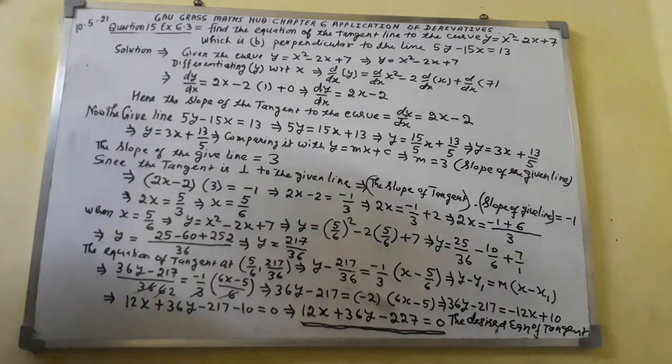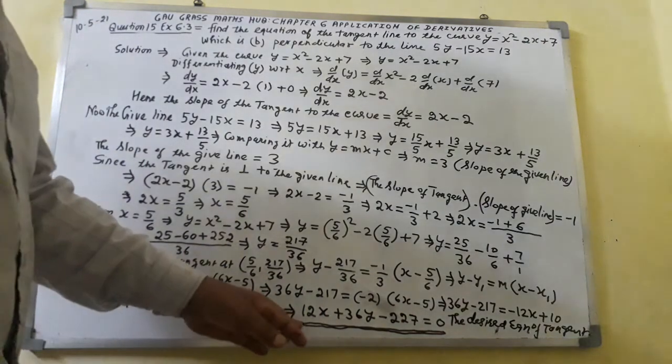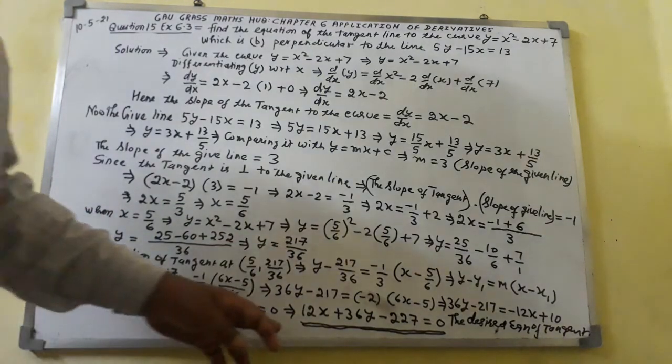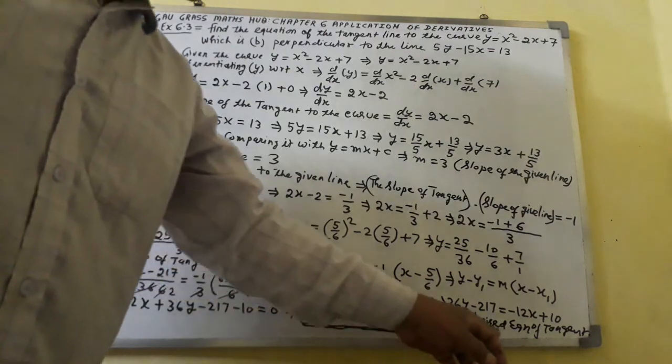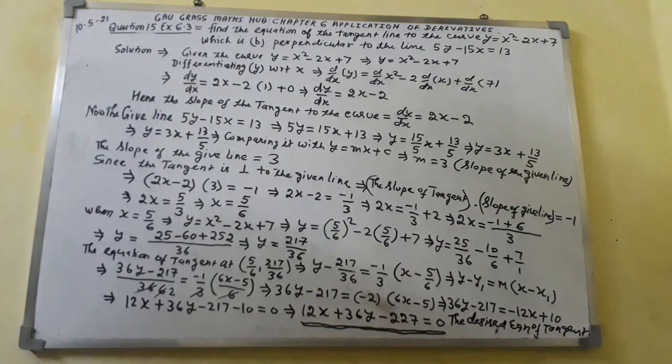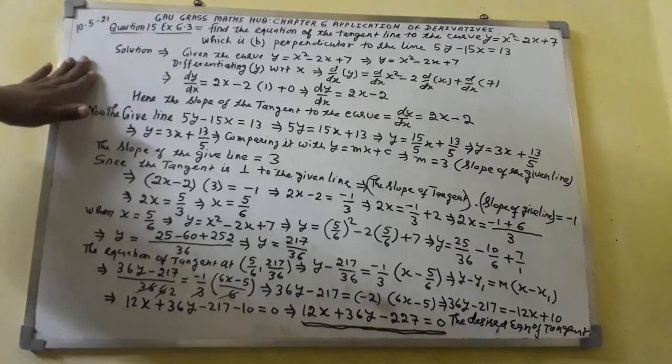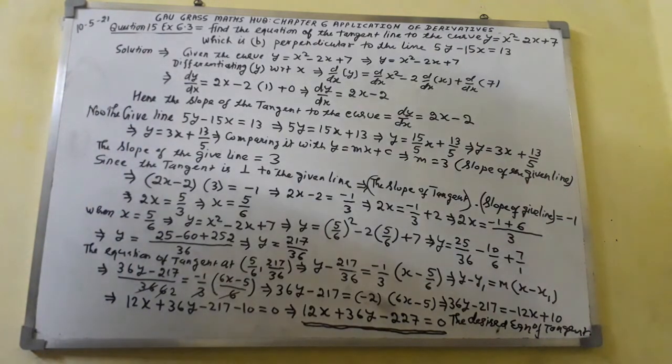I have checked the answer with the key point. This answer is correct. This means that this equation will be the desired equation of the tangent. This is the complete solution of question number 15. Okay guys, thanks.